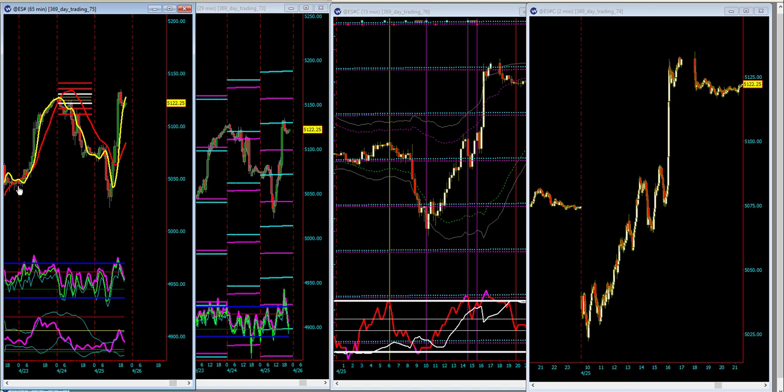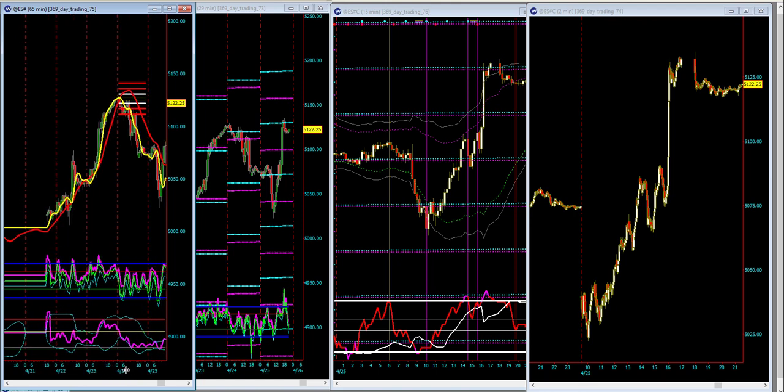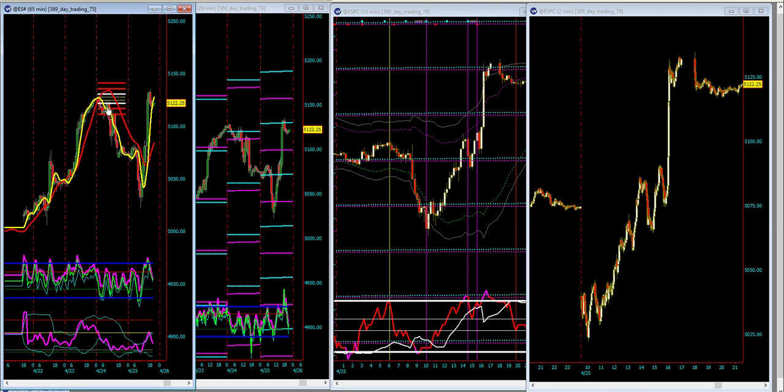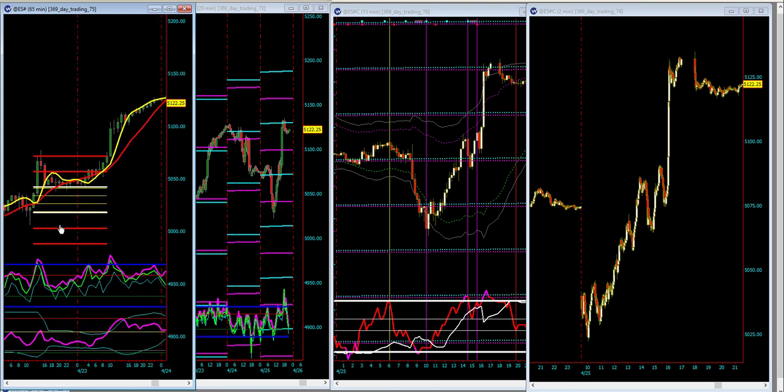When the market is open here on Sunday and rotating, we are looking at the first impulse move and its termination point. The first impulse move at this point is this bar, right here.